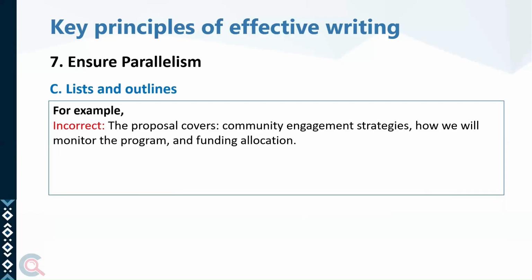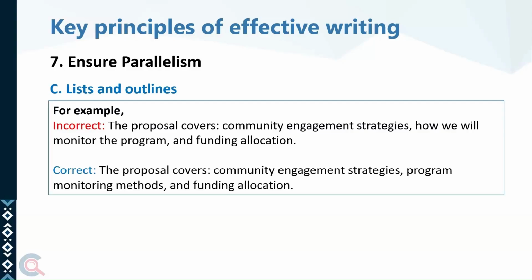For example, "The proposal covers community engagement strategies, how we will monitor the program, and funding allocation." This is not parallel. A better way to say it is "The proposal covers community engagement strategies, program monitoring methods, and funding allocation." Discover that we have ensured parallelism in the list that we have enumerated.